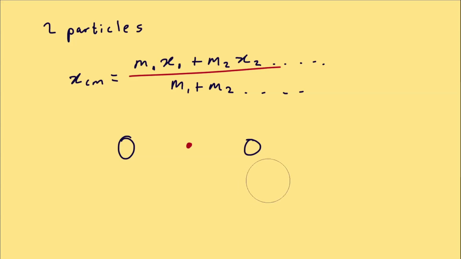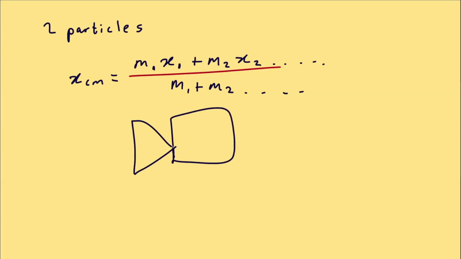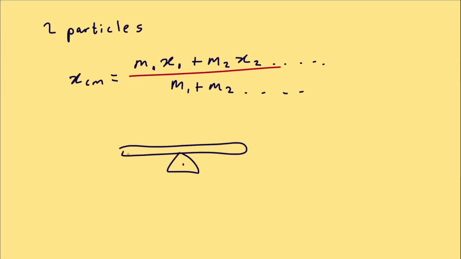And two objects doesn't always mean two separate objects. It could be two parts of an object. So let's say you have a weirdly shaped object like that, and these two parts have the same mass. The center of mass is directly midway between them. For example, on a seesaw, if you have two children of the same mass, then the center of mass is directly between them.